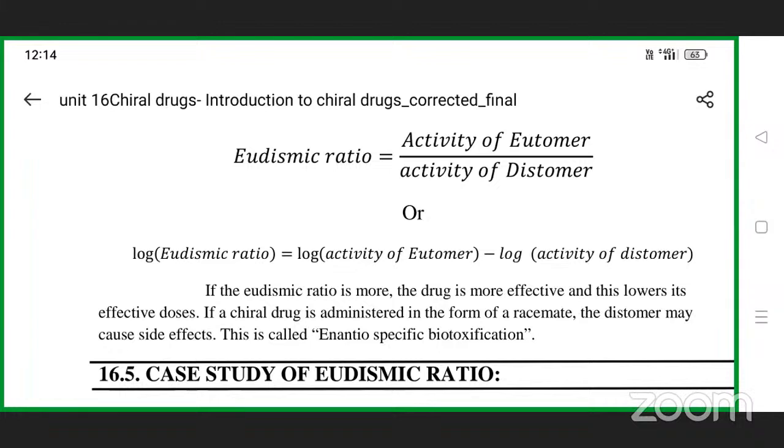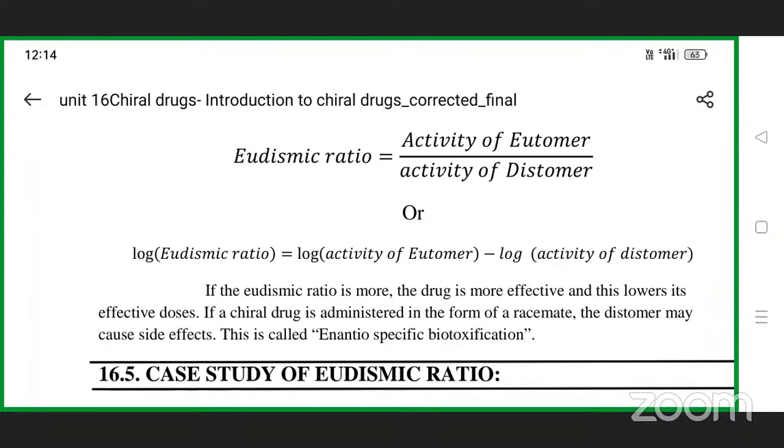So while prescribing the doses, they will consider the eudismic ratio. It means the activity of the more active isomer and the activity of the less active isomer.